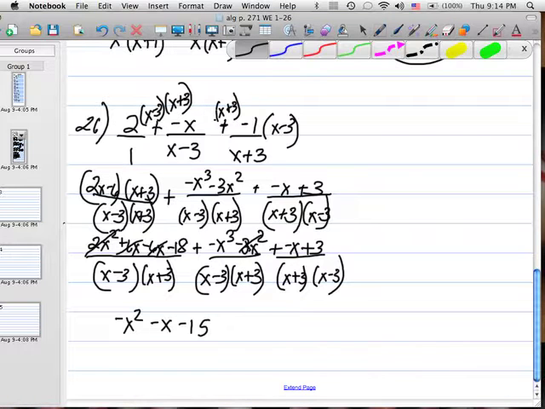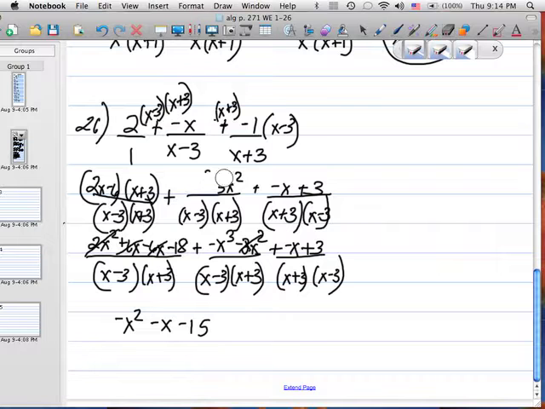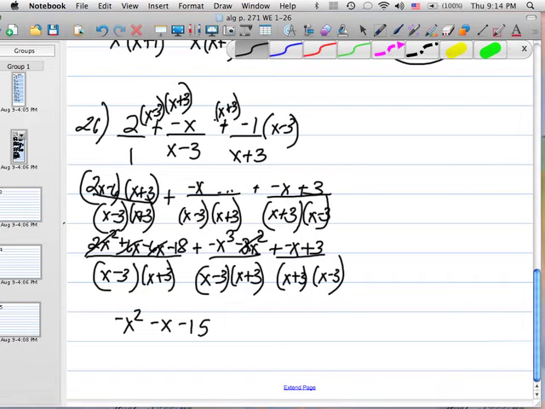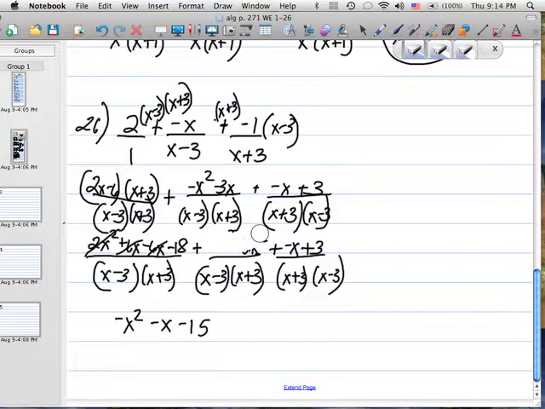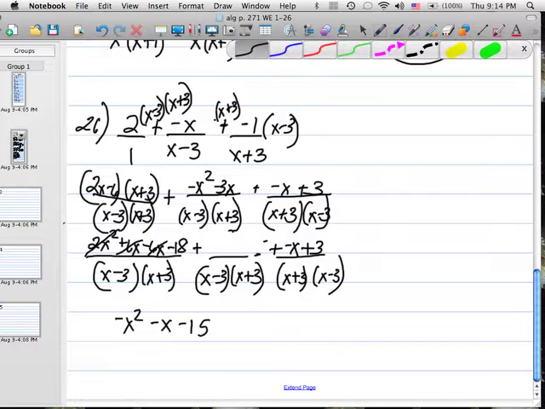So that would give us negative x squared minus 3x. So going back and fixing this, the 2x squared, this right here needs to be changed. So that's negative x squared minus 3x.